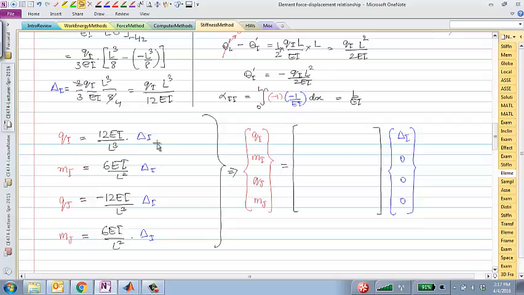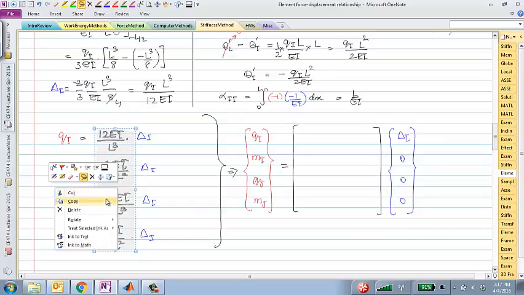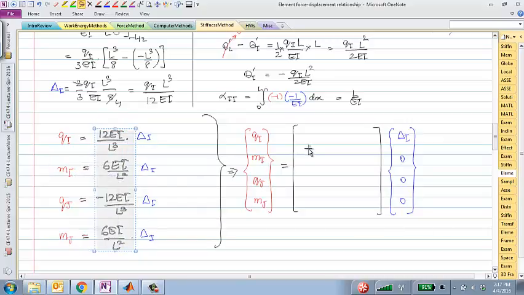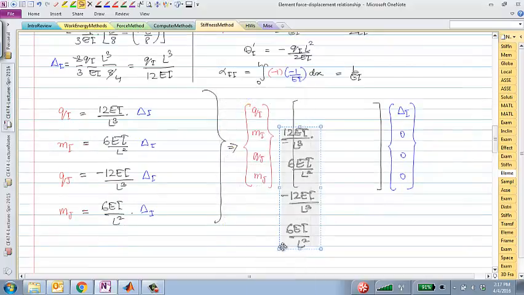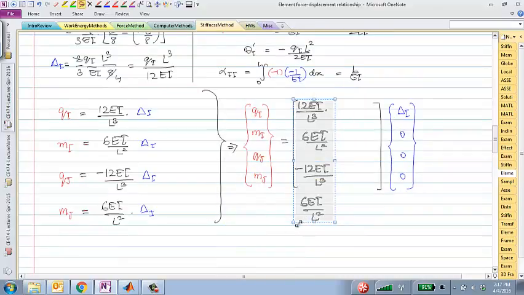If I take out delta I common, what I'm left with is this coefficient. So I can take all of these four values and I can put them in this matrix in the first column.